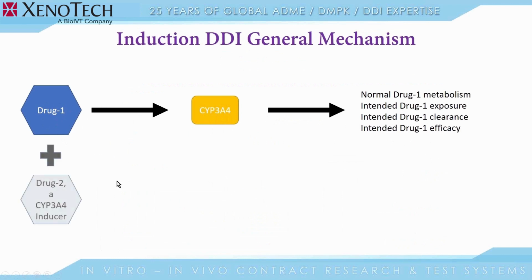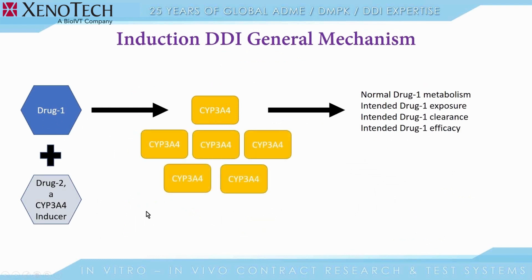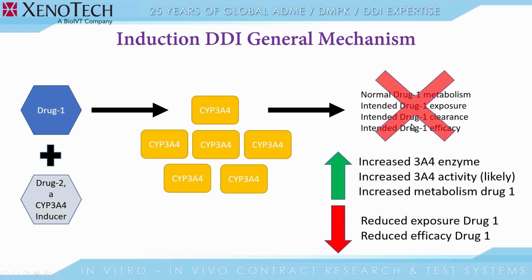Now, if drug 1 is also taken in conjunction with drug 2, which happens to be a CYP3A4 inducer, taking drug 2 will lead to an overexpression of the CYP3A4 enzyme. Now, with more CYP3A4 enzyme present, the normal state for drug 1 will no longer be in play. So in this case, we'll have an increase in CYP3A4 enzyme.